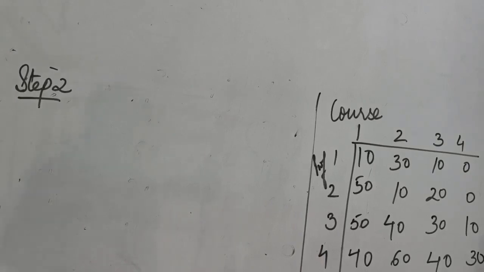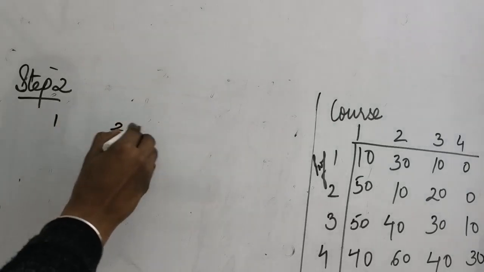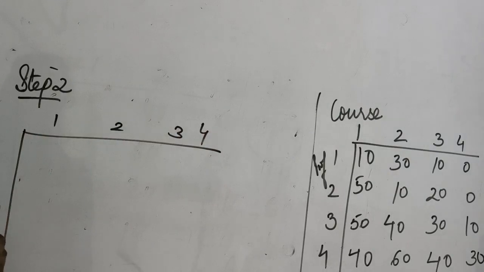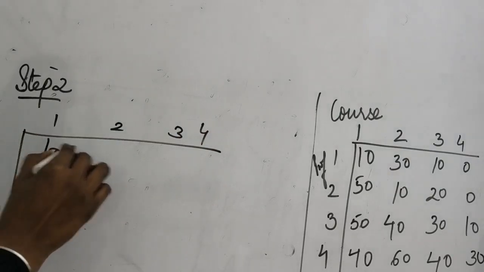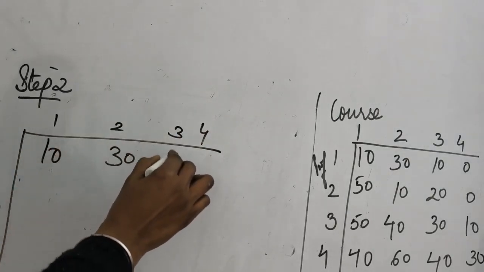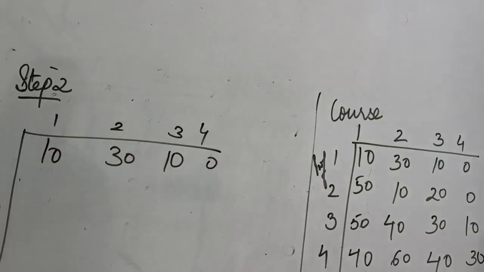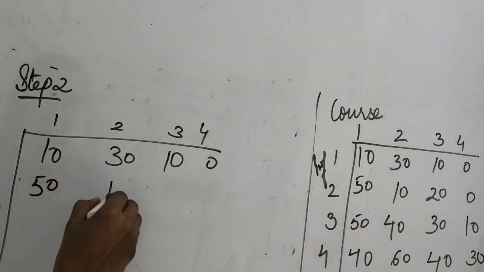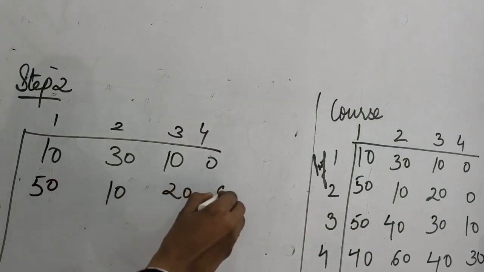Subtracting the minimum element, we are going to get the same answers. So 10 minus 0 is 10, 30 minus 0 is 30, 10 minus 0 is 10 and then 0. In the second row also the minimum element is 0. So again we will subtract 0 from each element in the row reduction step.